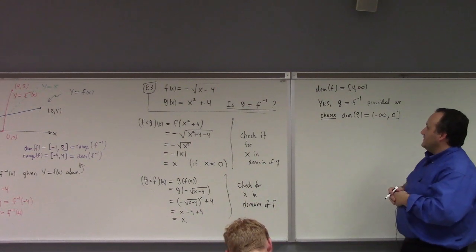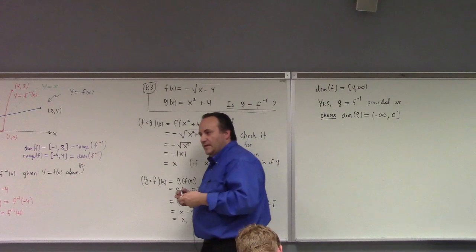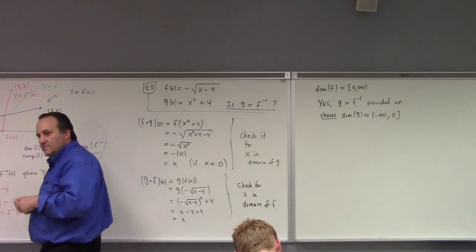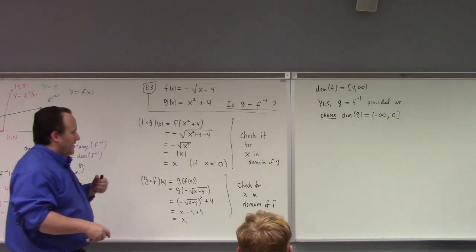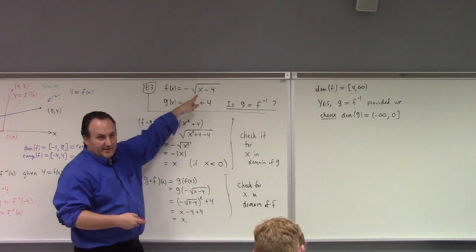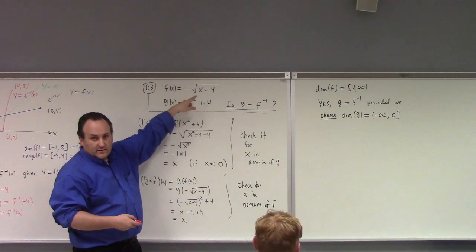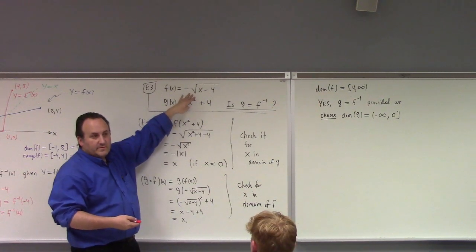And why do I want that? Why do I need to choose the domain of g to be minus infinity to 0? What's the relation between the range and the domain? Otherwise the algebra doesn't work, but also this formula right here. Think about it. What's the range? Can you see it from the formula?